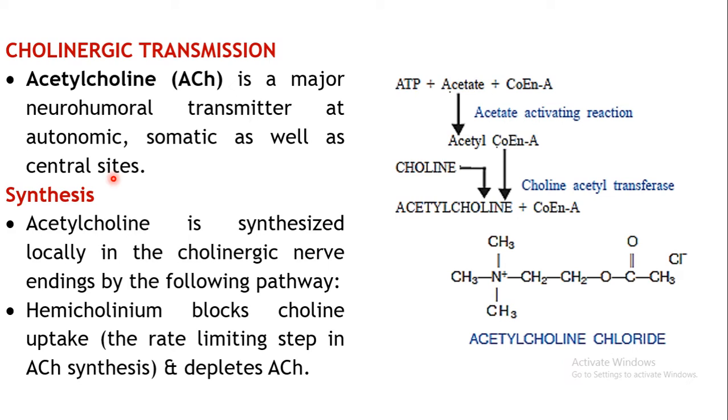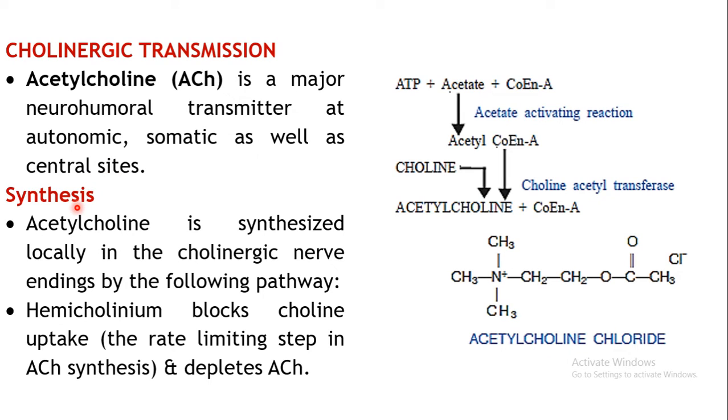In this part, we shall see how exactly acetylcholine is synthesized, stored, released or metabolized, and which receptors it mediates its actions through. When ACh is released as a neurotransmitter, what are the different types of receptors through which it can mediate its different types of actions.